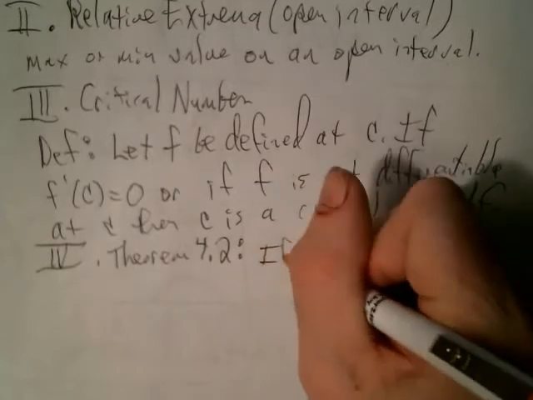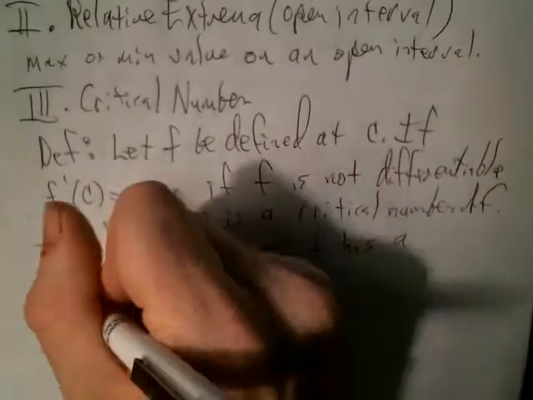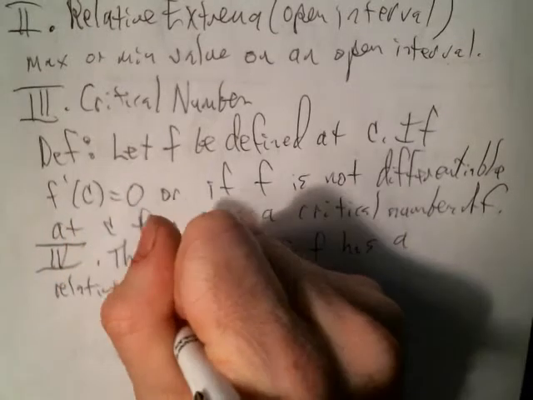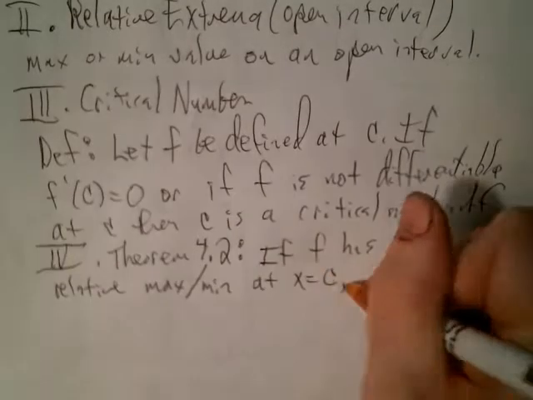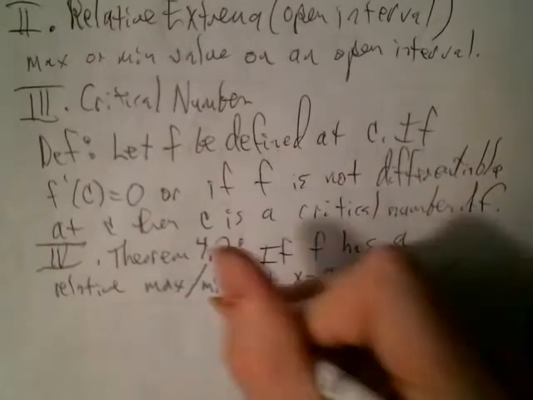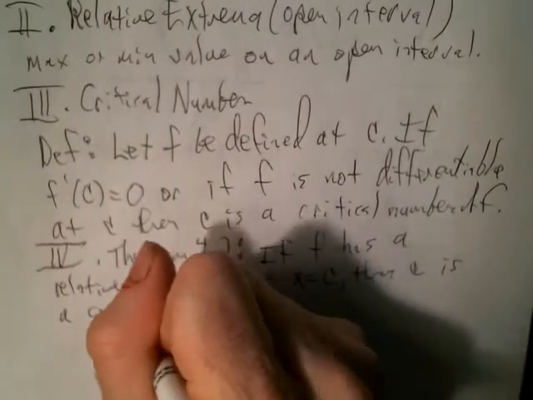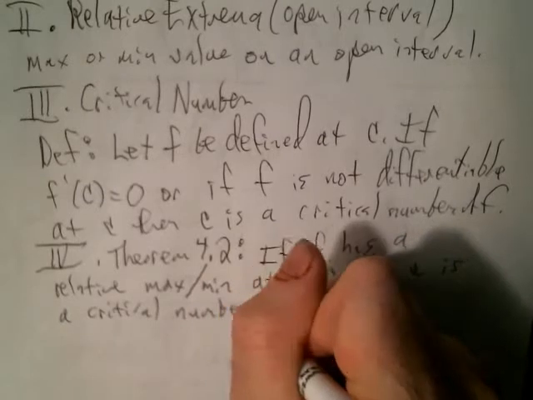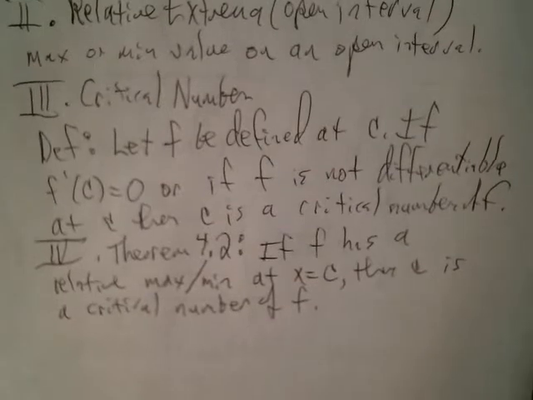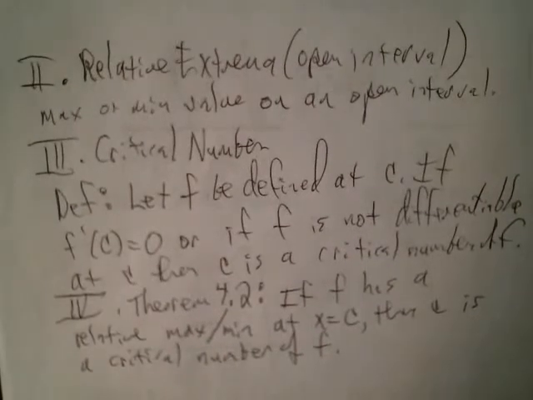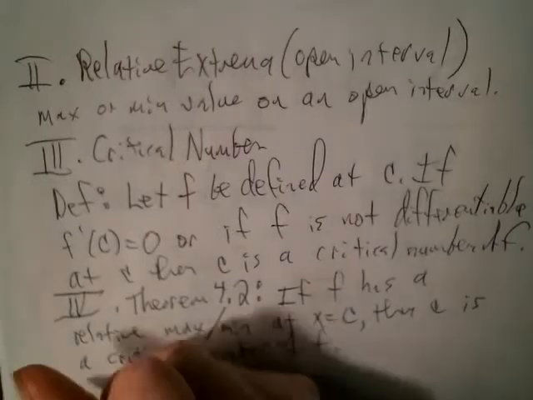Okay, so if f has a relative max or min at x equals c, then c is a critical number of f. Okay, so that's why we're doing what we do with the derivatives, setting them equal to 0 and finding their undefined places.